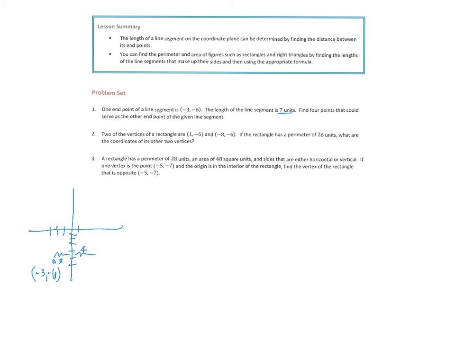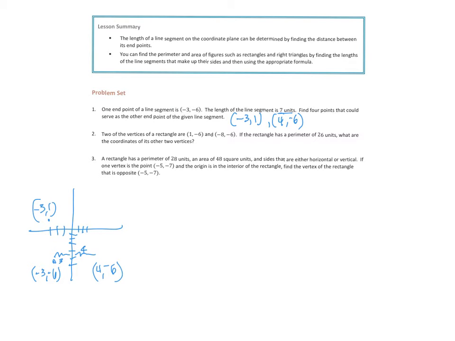So if I go 1, 2, 3, 4 and drop down, this would be 4, -6, one of them. Could be, right? That would be 7 units. And then if I go up, this distance is 6, so I'm just going to go -3, 1. So I should write that -3, 1. Another one is 4, -6.